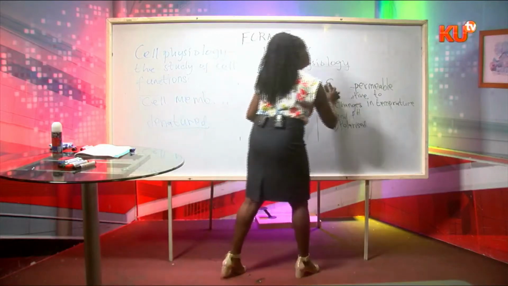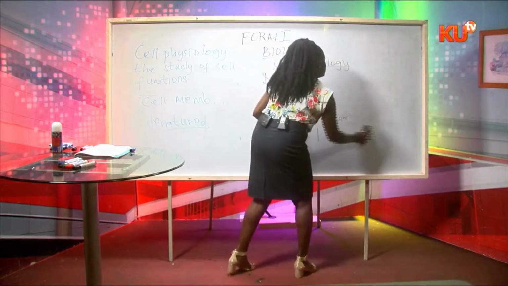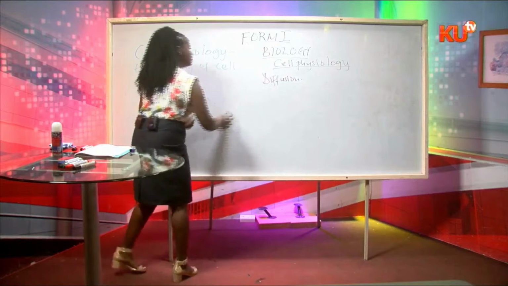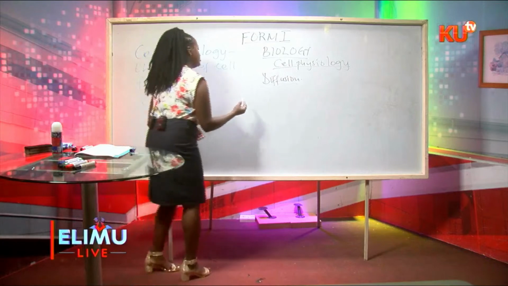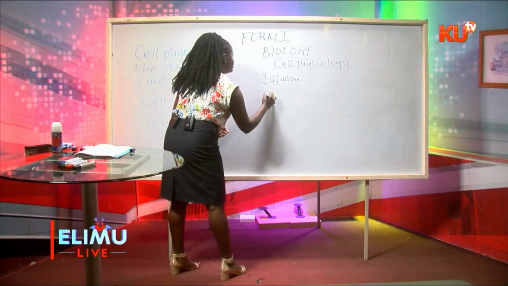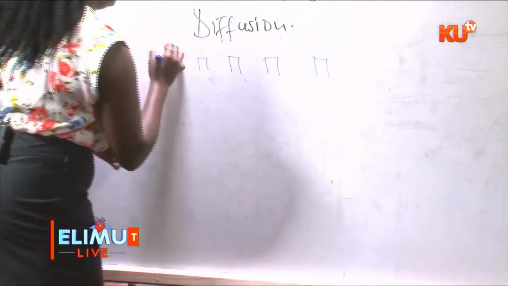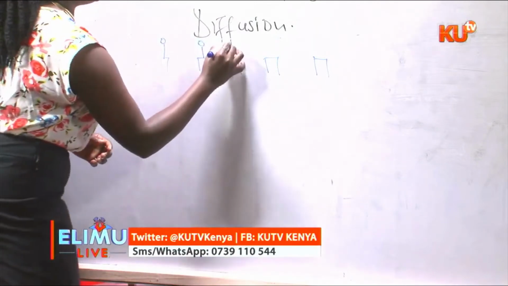Okay, we're going to draw a structure of the cell membrane so that we can visualize what we are talking about here. A cell membrane is made up of a phospholipid layer.